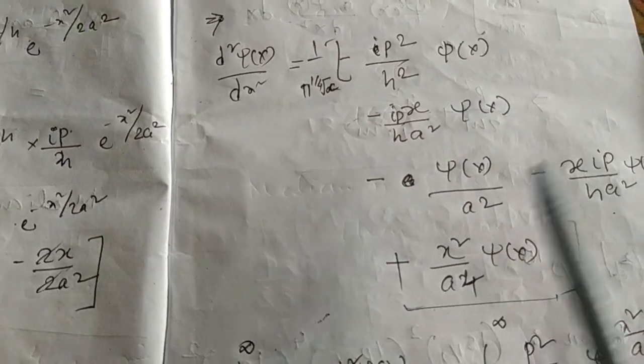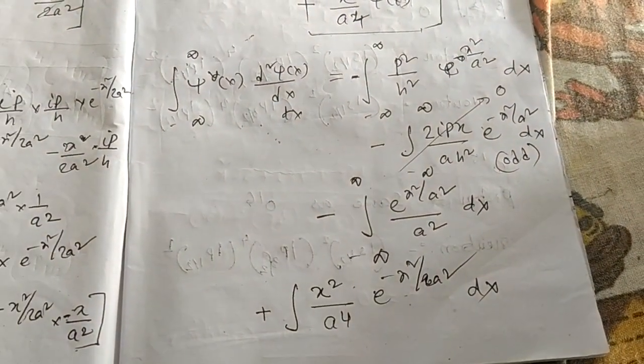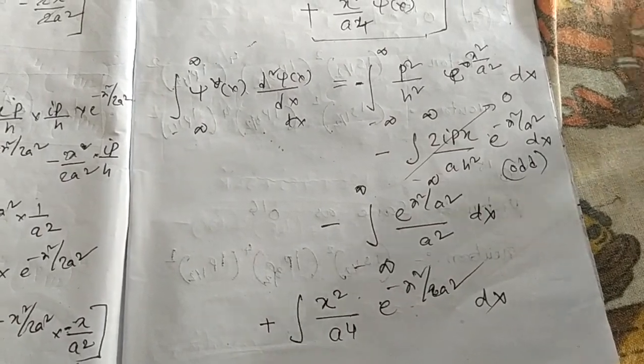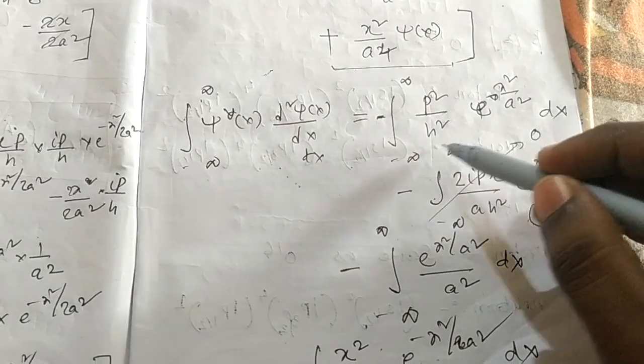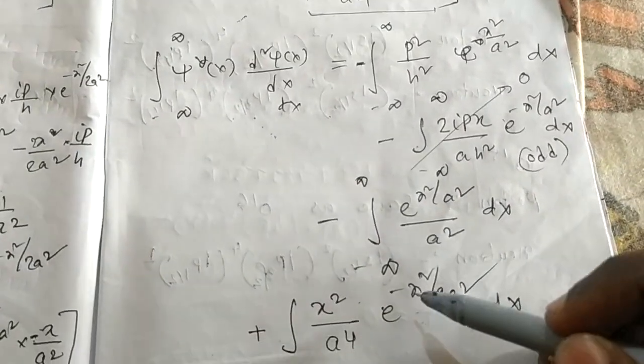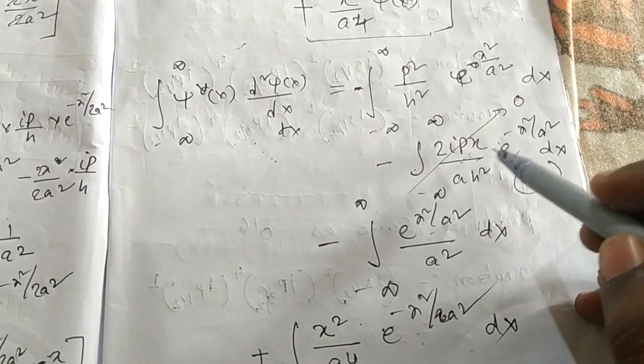You will end up with this. And now the integration. Now you will end up with this result. These two, but this integration, because it is an odd function, should be 0.